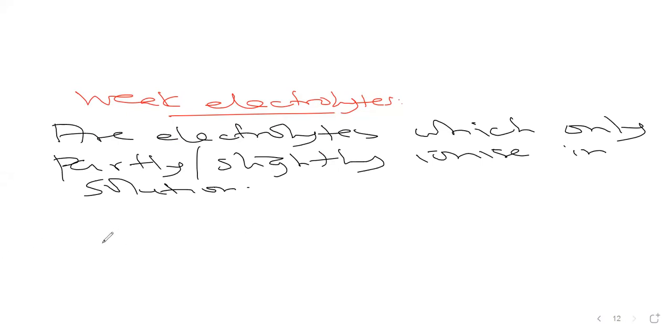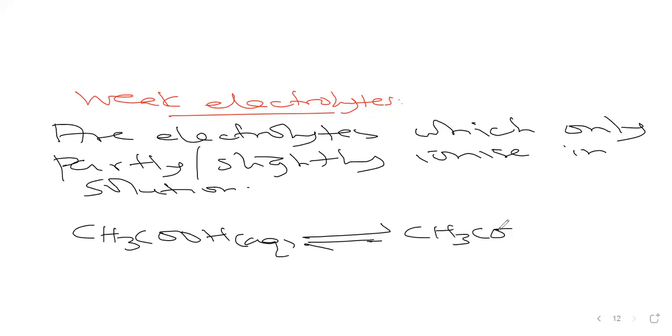What do we mean by this? Let's look at ethanoic acid. Unionized ethanoic acid is always in equilibrium, that's what the partial arrow means, with its ions in solution. So such electrolytes are weak electrolytes.